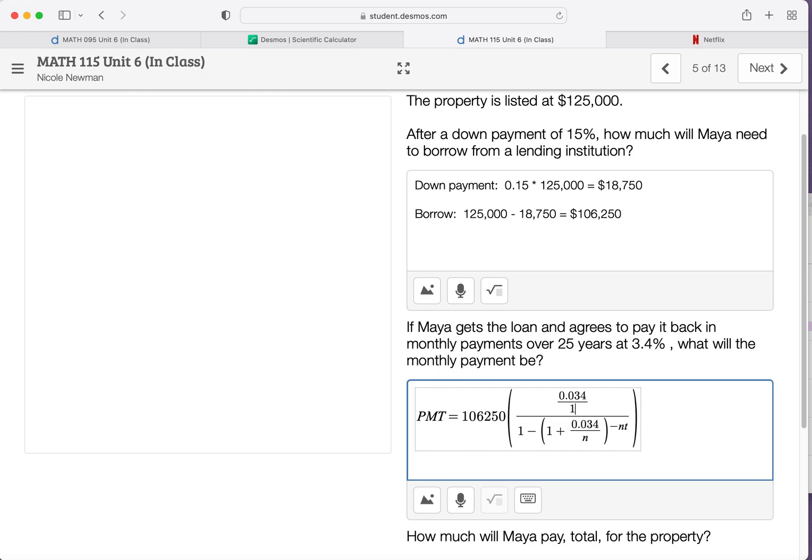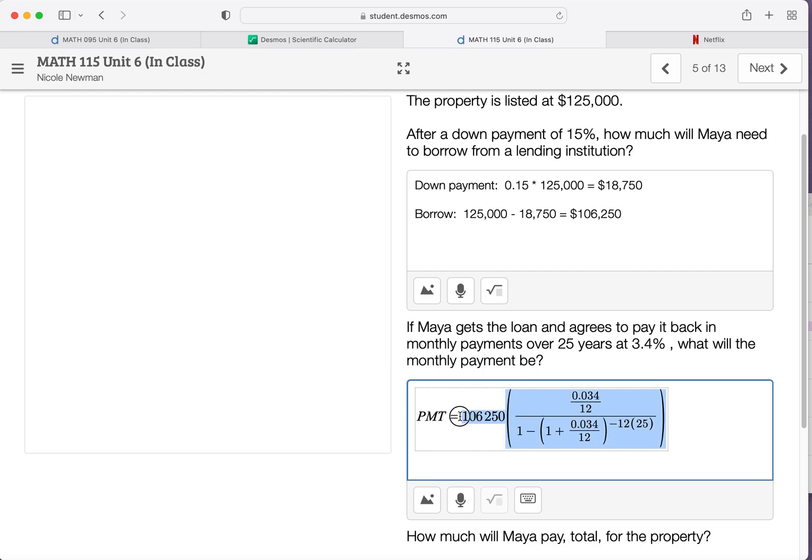Our N is 12 because we're going to be making monthly payments. There's another 12 right there. And then Maya is going to pay on this for 25 years. So there's all of our information all filled in.